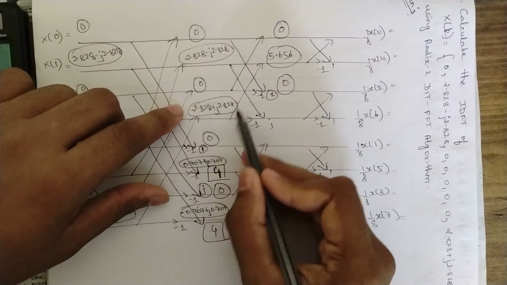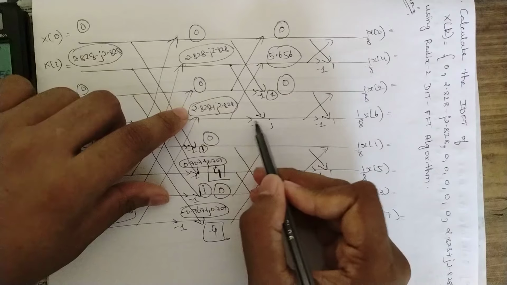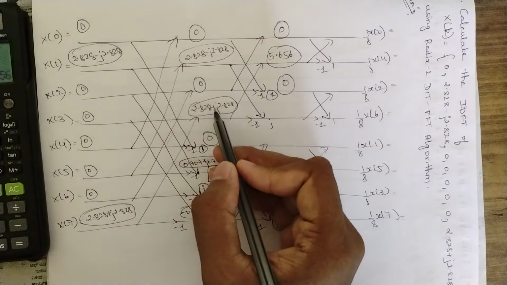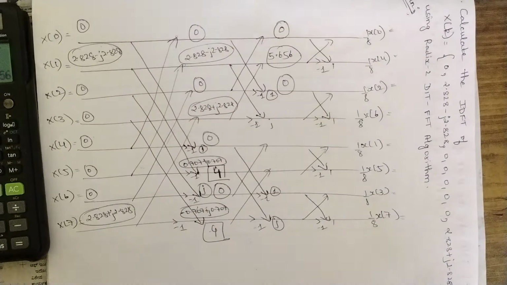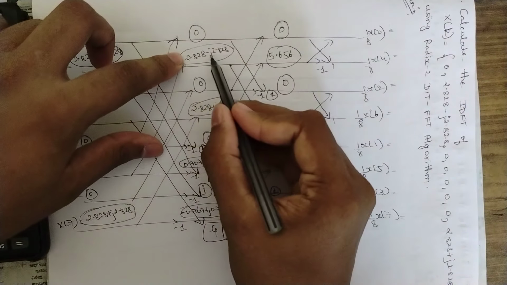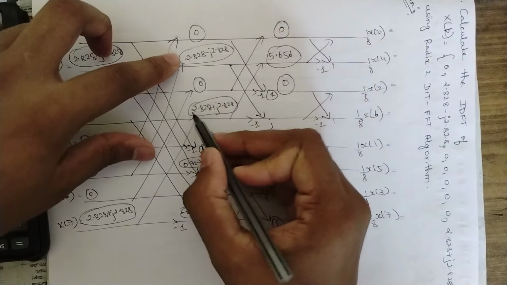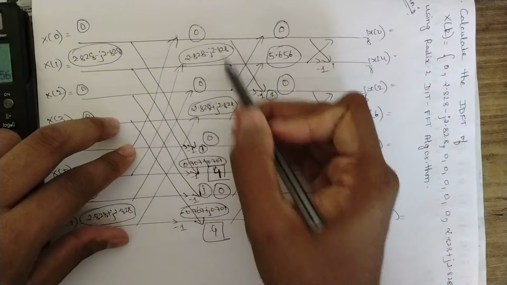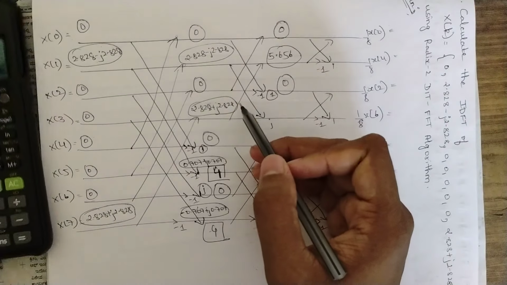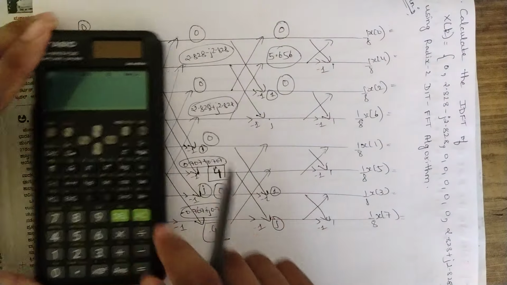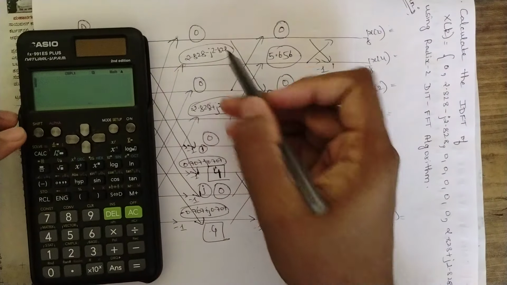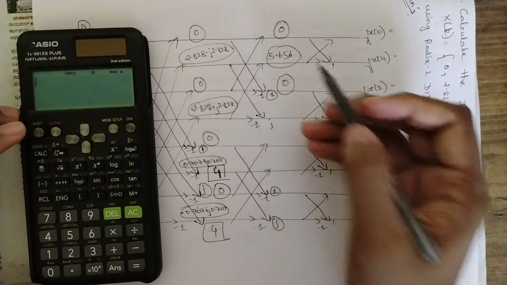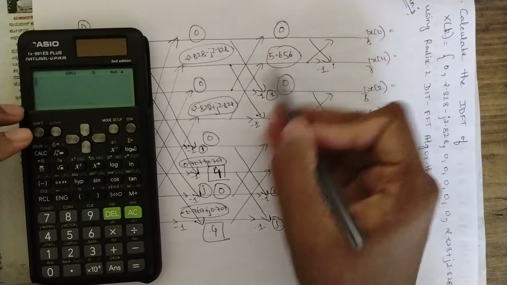Now 0 into minus 1 is 0, plus 0 into 1, it is 0 only. Then we have 2.828 plus j 2.828 into minus 1. Okay, so this would be minus and minus. And here we have 2.828 minus j 2.828. So one is minus here and one is plus. So these two terms would be getting cancelled and these two would be remaining. That is 2.828 minus 2.828 is minus 5.656 j, right?